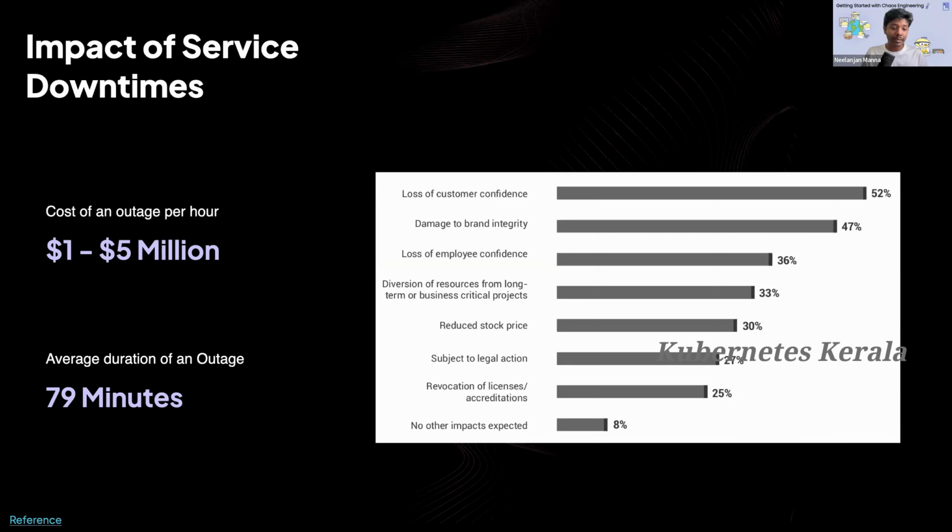According to the respondents of the survey, there are 3 core impacts. The first is the external impact, such as loss of customer confidence and damage to the brand. Then internal impacts, such as effects on employee morale and diversion of resources. And lastly, you have litigations and regulations, which can have a significant effect on any company's valuation.